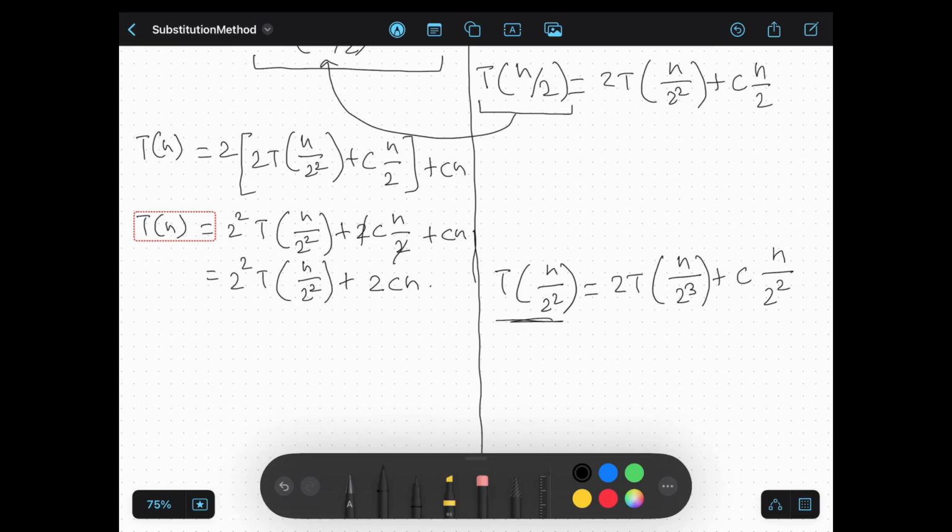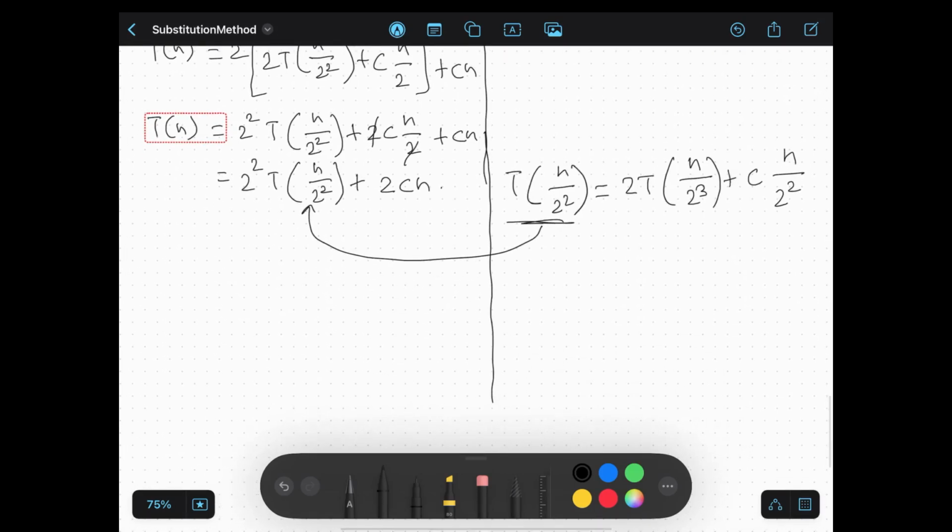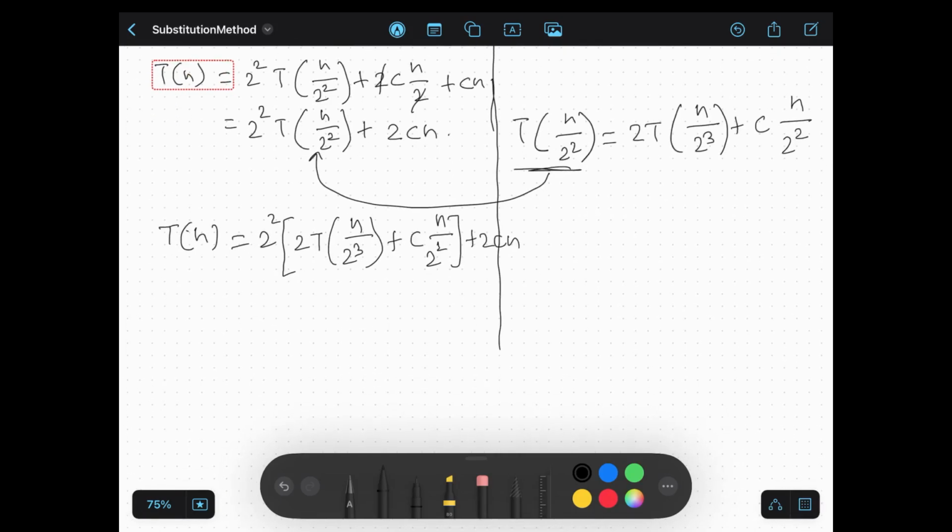And then we are going to substitute this here. So then this becomes 2 square T(n upon 2 cube) plus c n upon 2 square plus 2 cn, right?